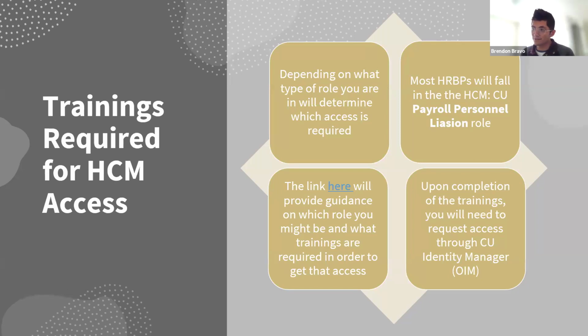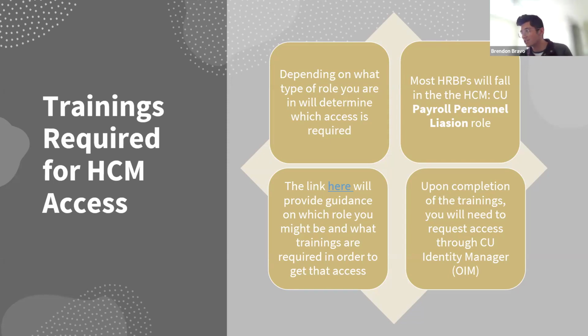Next is a quick overview of the trainings required for HCM access. Depending on what type of role you are in will determine which access is required. Most HRBPs will fall in the HCM CU payroll personnel liaison role. The link here will provide guidance on which role you might be and what trainings are required in order to get that access.